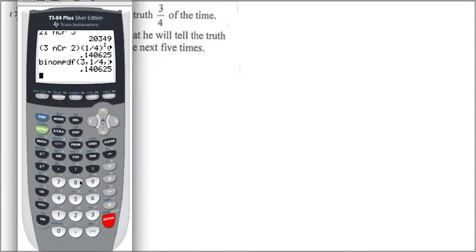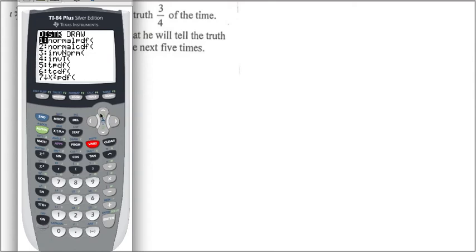Dave does not tell the truth 3/4 of the time. We want at most twice out of the next 5 times. That means 2 times or 1 time or 0 times, so we need to combine those. That can be calculated by binomCDF. So here we have distribution, go up to binomCDF. What it does is add up all the probability up to the number that we are looking at.